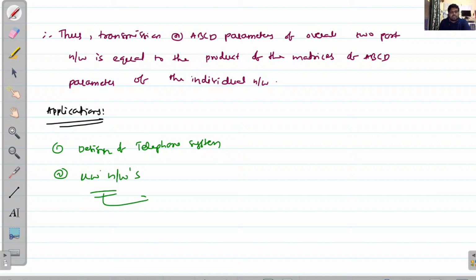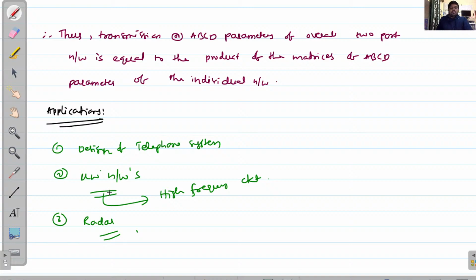Microwave networks are nothing but high frequency circuits. That means this method can be used in high frequency circuit design, and in radar applications also we are using this type of method. And this is about transmission parameters, otherwise ABCD parameters.